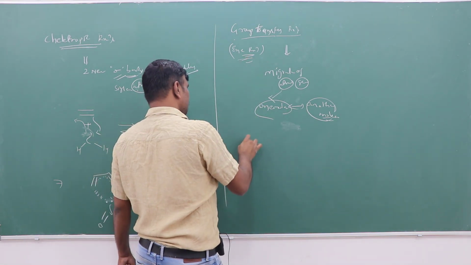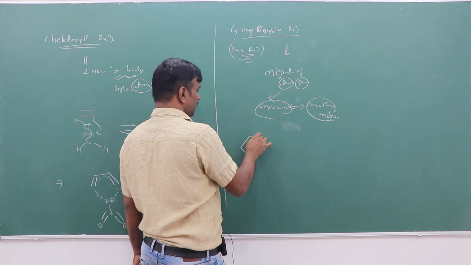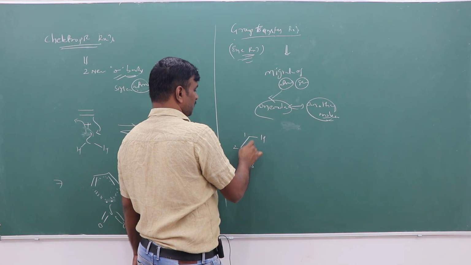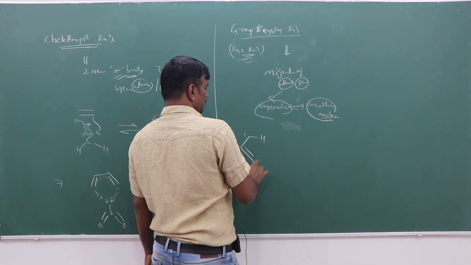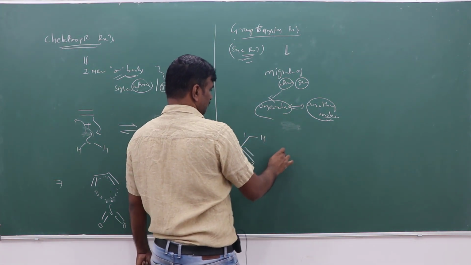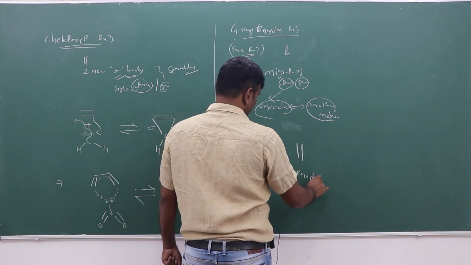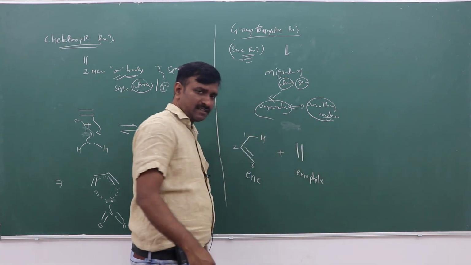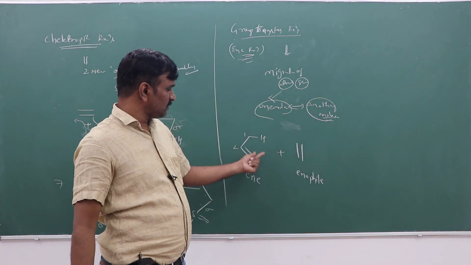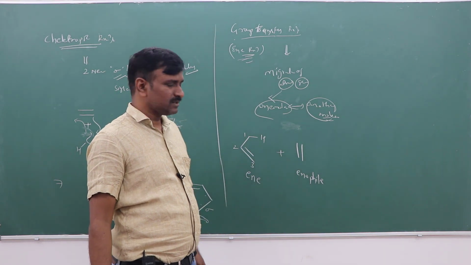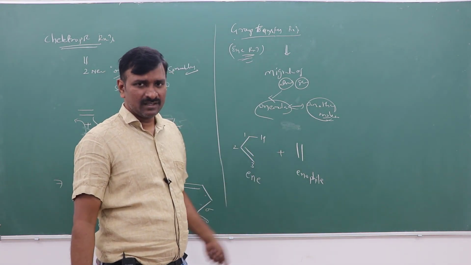In the ene reaction, what will happen here? Suppose it is 1, 2, 3. So this is the ene, right? And this is the enophile. In the ene reaction, hydrogen is transferred from the ene to the enophile.